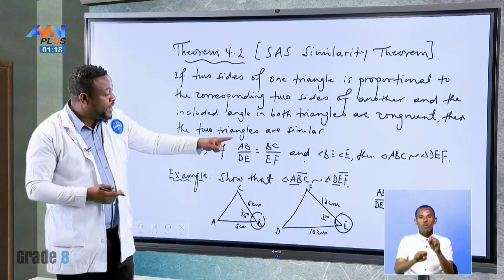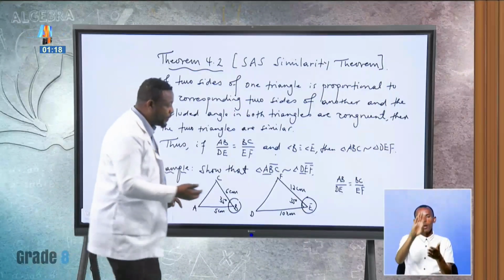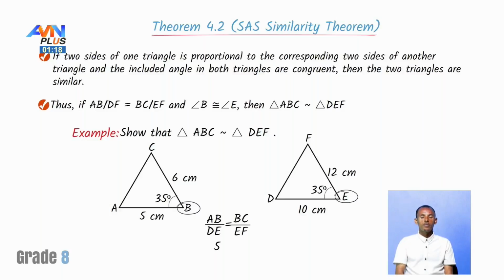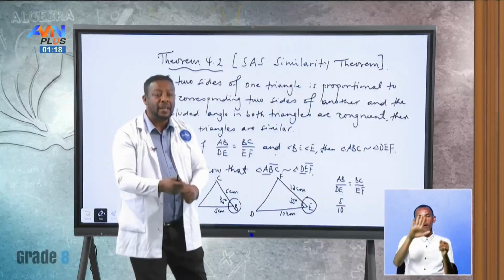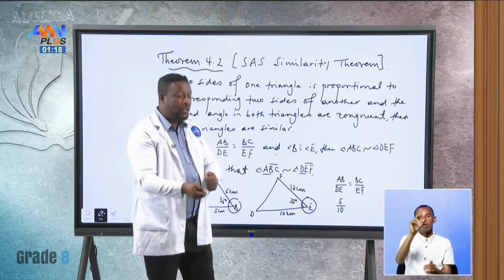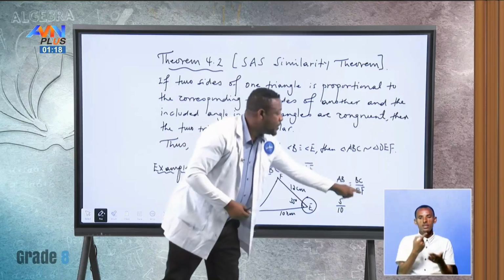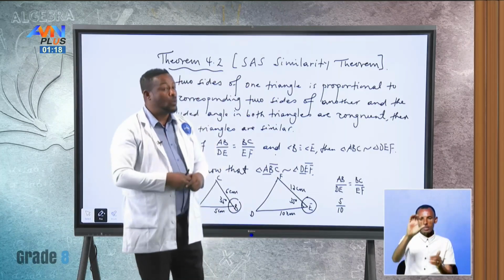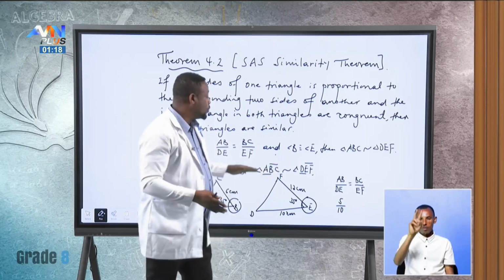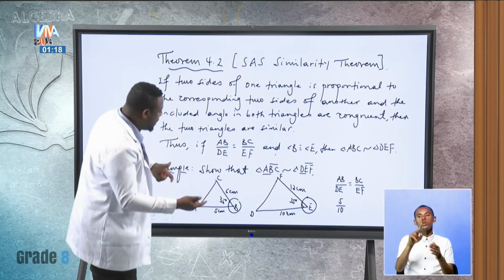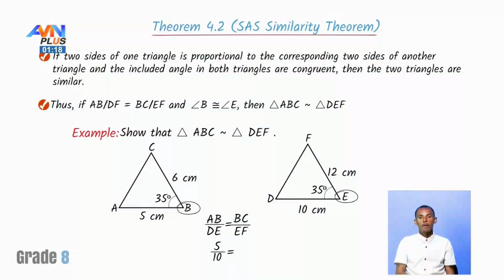As you can see here, AB is 5 and DE is 10, okay? The simplified form of 5 over 10 is 1 over 2. BC over EF must also be 1 over 2. Otherwise, these two triangles are not similar. So BC is 6 and EF is 12, okay? Clearly, these two fractions are the same.